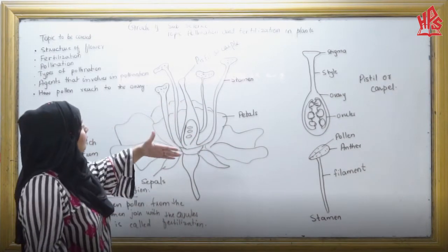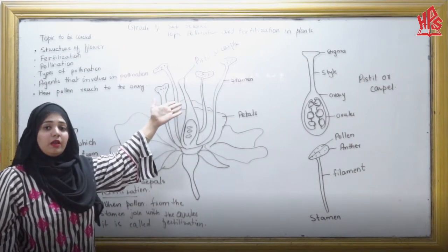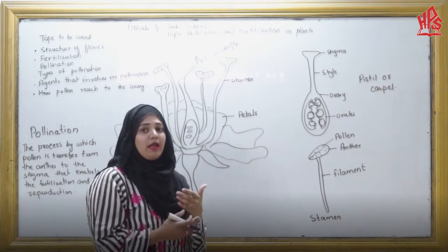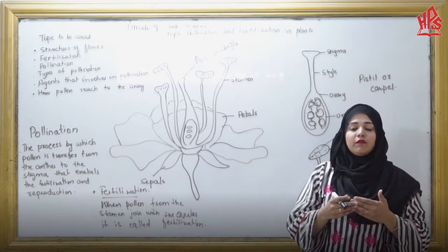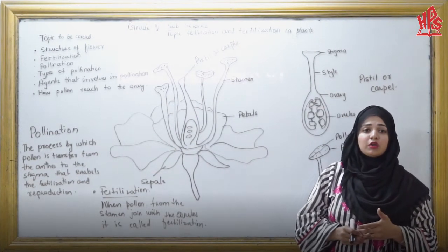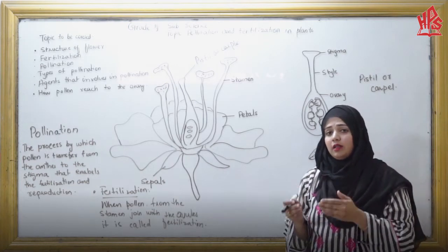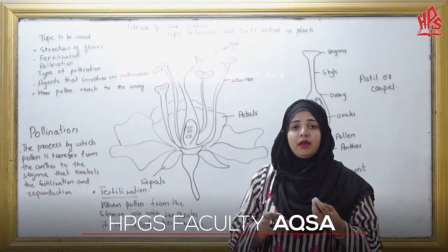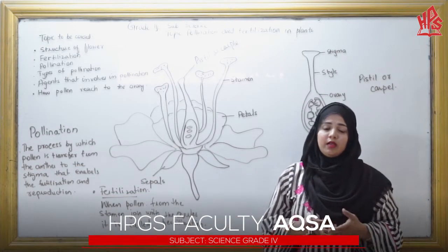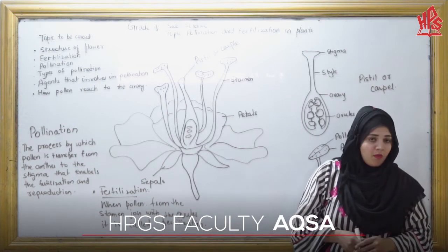When pollen from the stigma moves towards the stamen, it causes fertilization, and fertilization leads to the reproduction of a new flower. And through fertilization, seeds develop inside the flower, and that's why seeds are present in fruits.